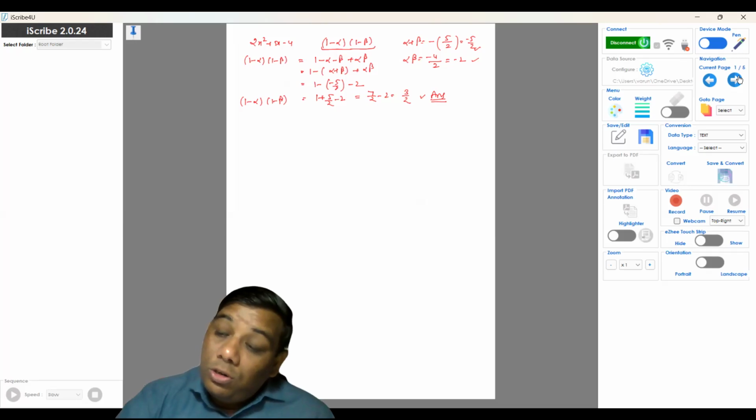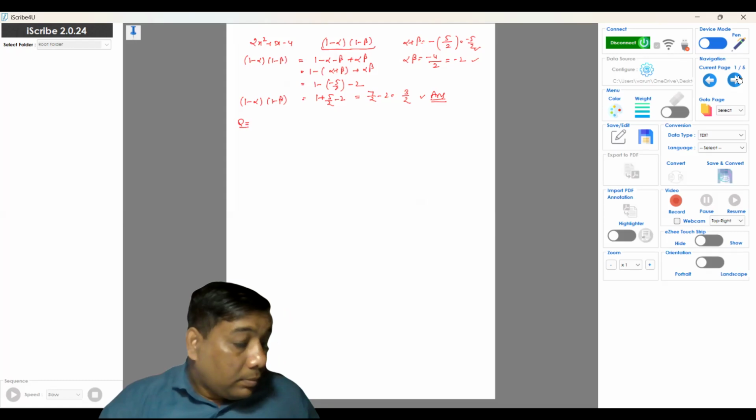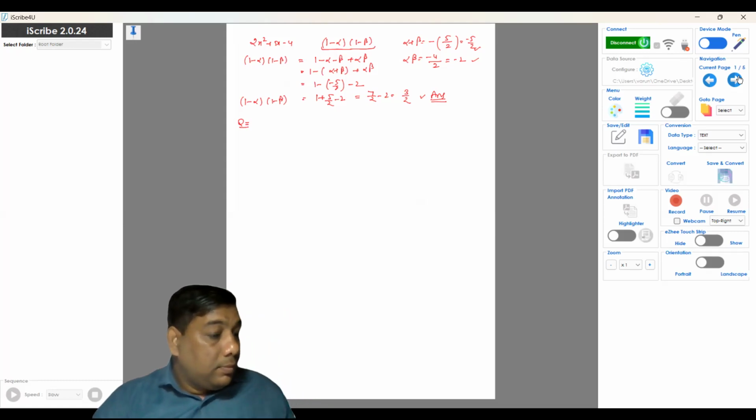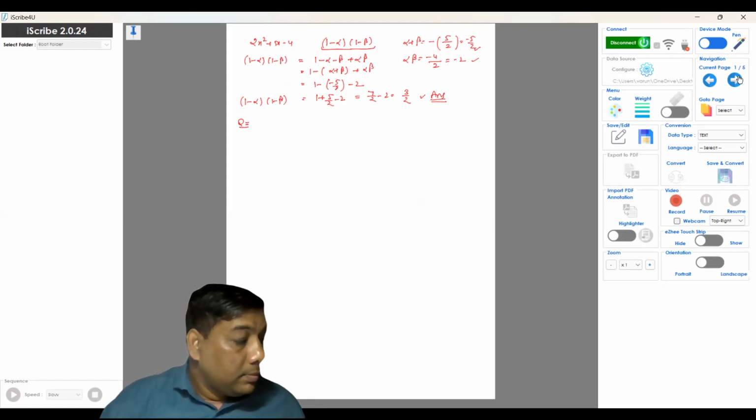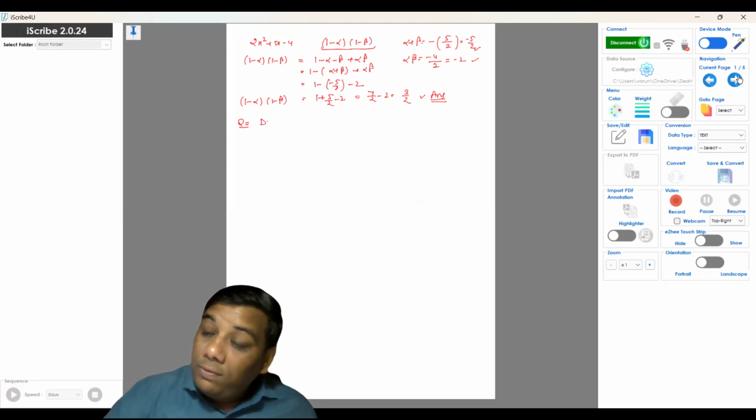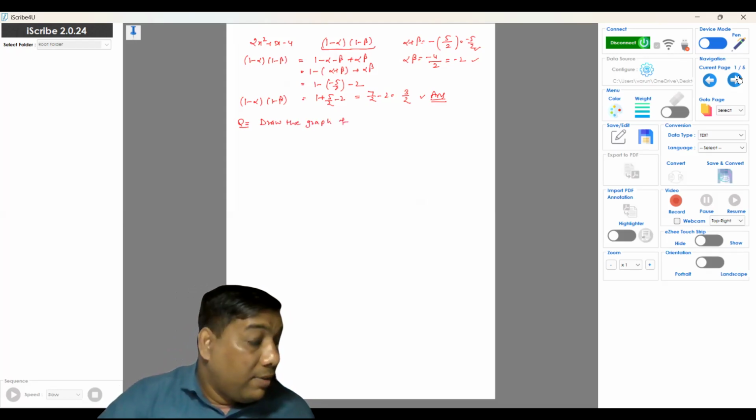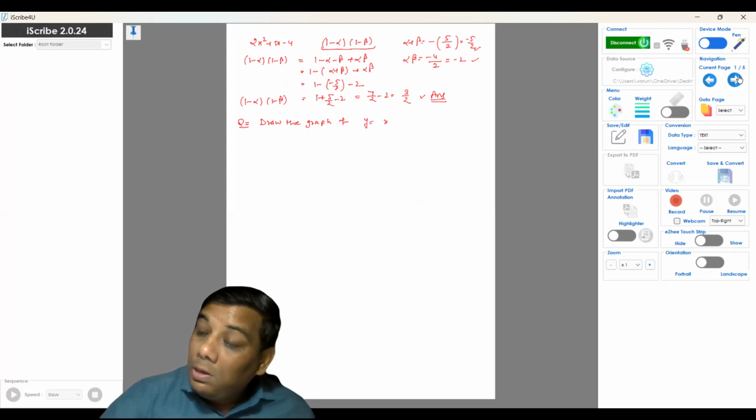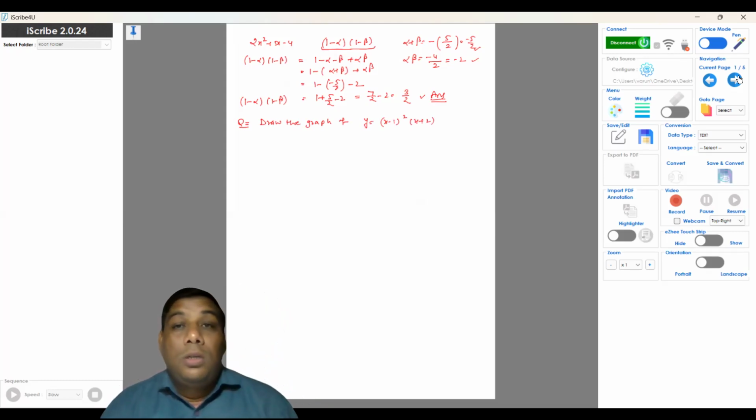Now the last question on this topic is draw the graph of y equal to x minus 1 whole square into x plus 2.